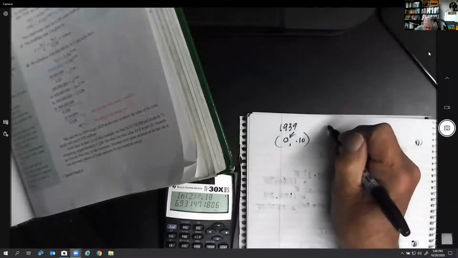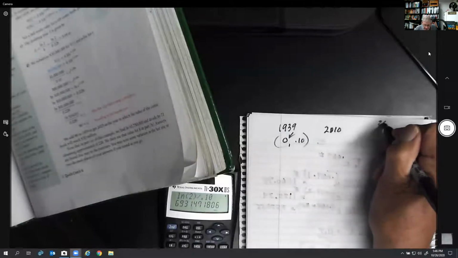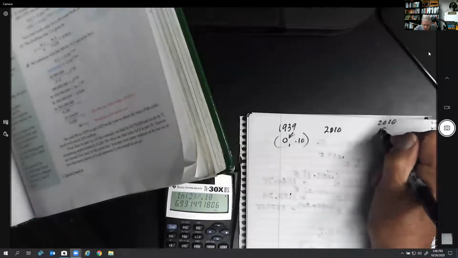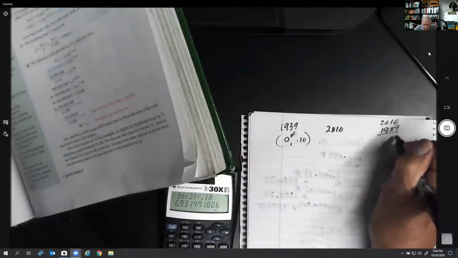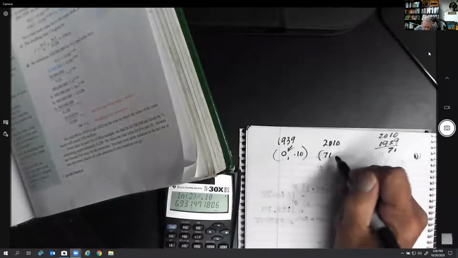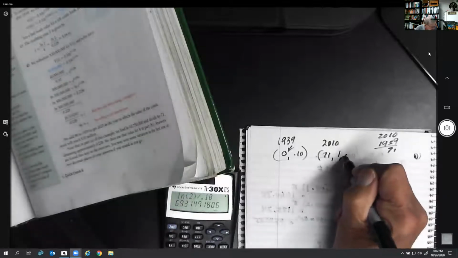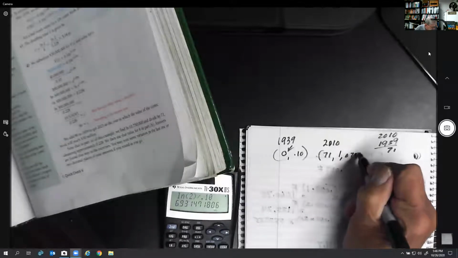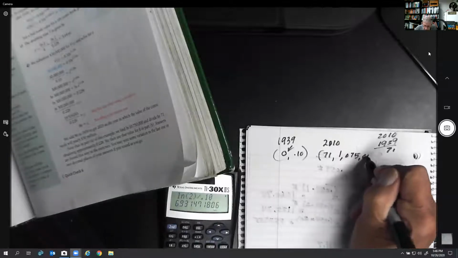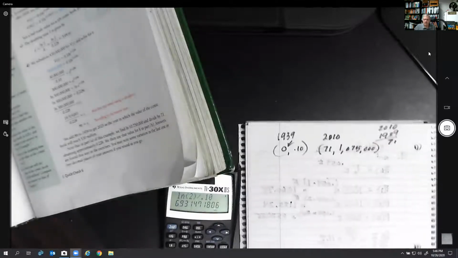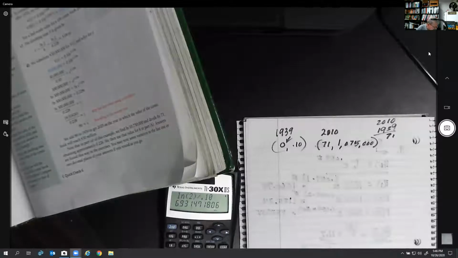And then in 2010, take away 1939, is 71 years later. 71 years later, this comic book sold for $1,075,000. That's what they're saying here, that it grew exponentially.